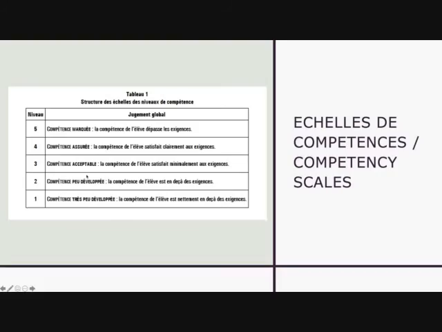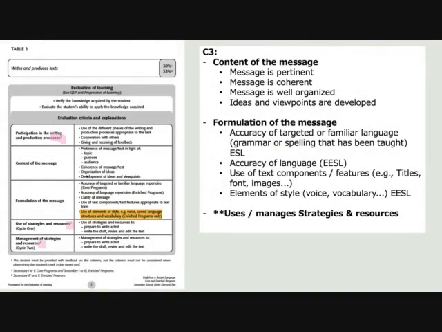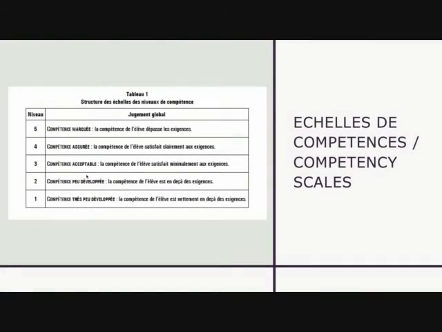So the actual target is a 3, an acceptable competence. So this is when the student is satisfying basically what we want, the exigencies. Anything above that, they're really clearly satisfying it, and then they're going beyond what we are asking.